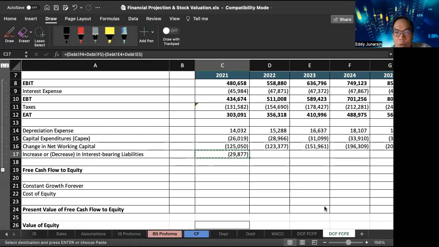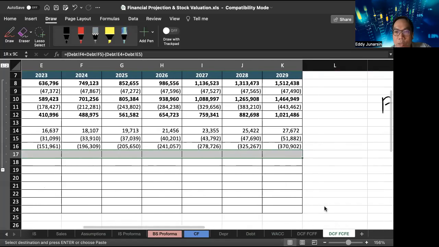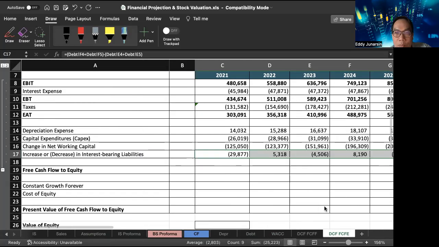We are paying more than we are receiving new debt. But you see, in the second year, 2022, the debt amount is projected to be higher than that in 2021, meaning that there will be additional debt, more than debt repayment. Right?